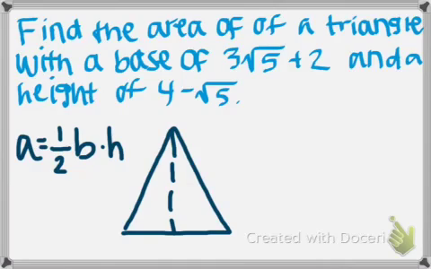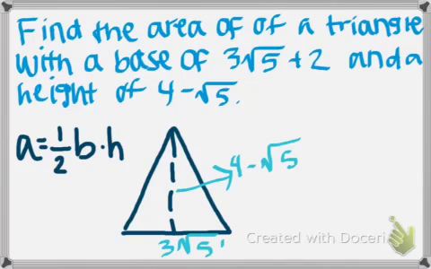Okay, so next we will be finding the area of a triangle, and the base of it is 3 radical 5 plus 2, and the height is 4 minus radical 5. To find the area of a triangle, it is 1/2 base times height.